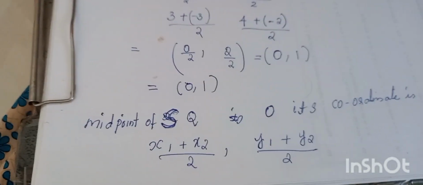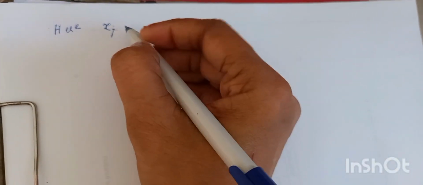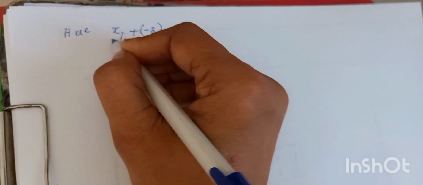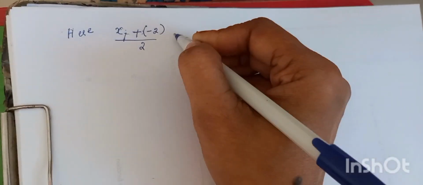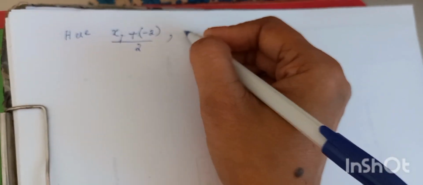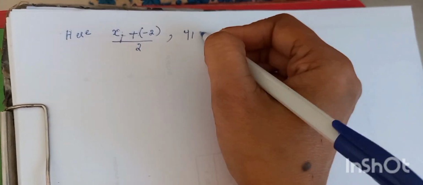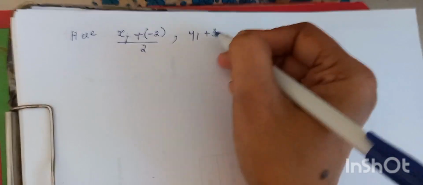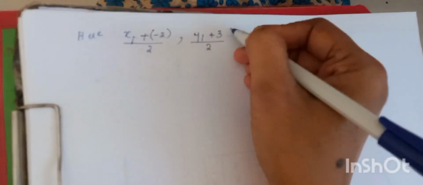Okay, here x1 is x only and x2 is minus 2, whole divided by 2, and y1 is y only and y2 is 3, by 2.